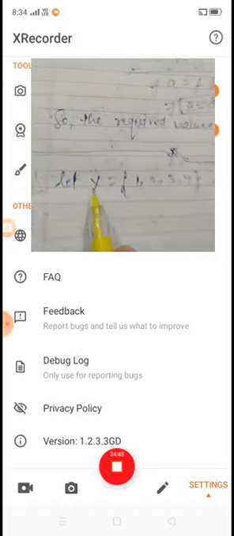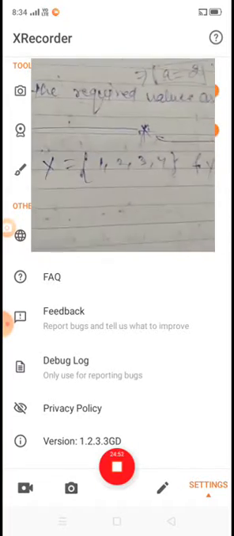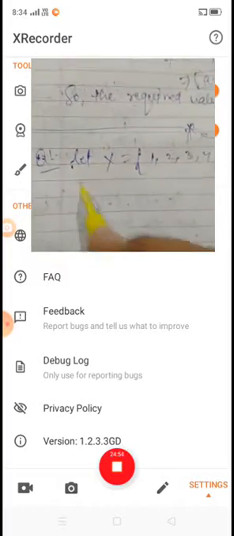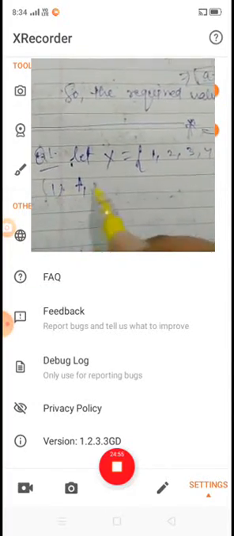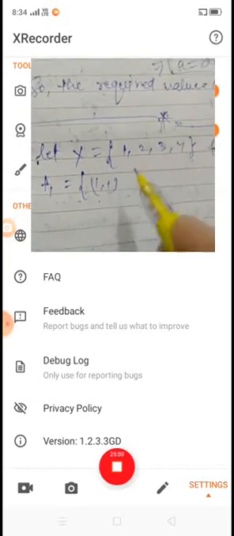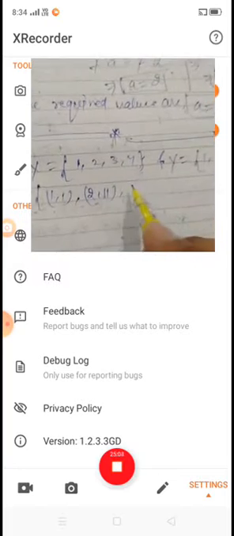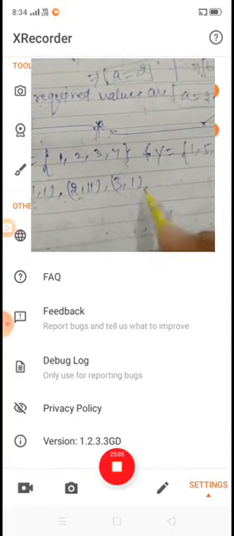Your question is to determine which of the following sets are functions from x to y. Your options are: first, function f1 is given by (1,1), (2,11), (3,1), (4,15).